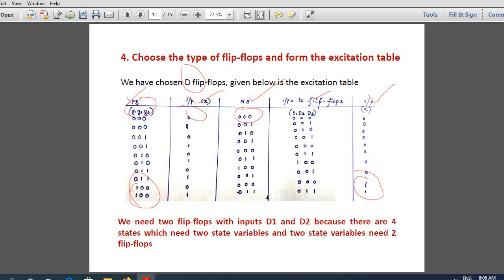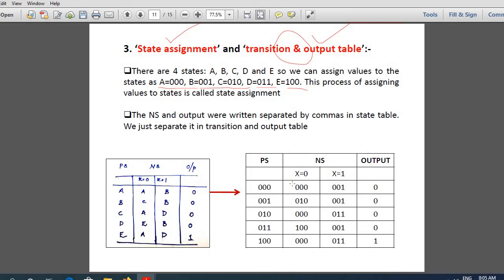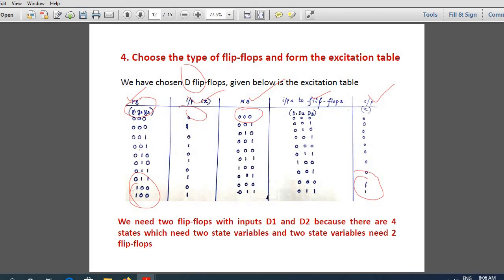Now, how will you write the next state? Look here. First, take this state. The next state is in order. If input is 0 and 1, it is in order, okay? 000, 001. Similarly, you can fill the others.